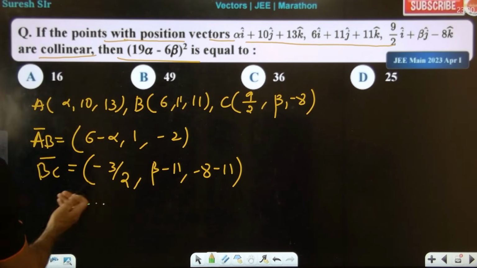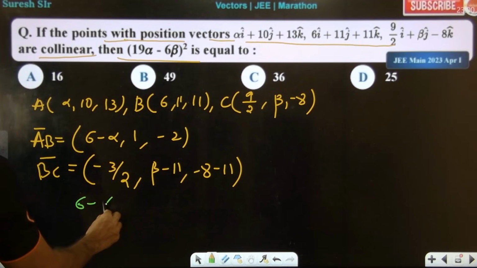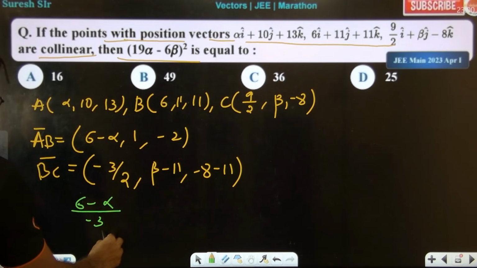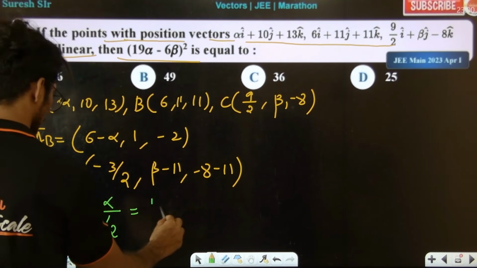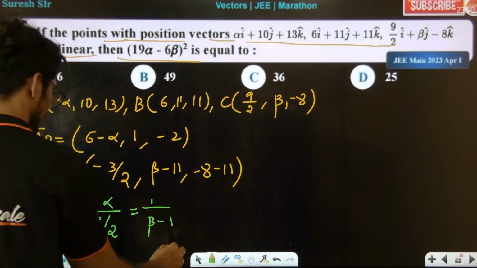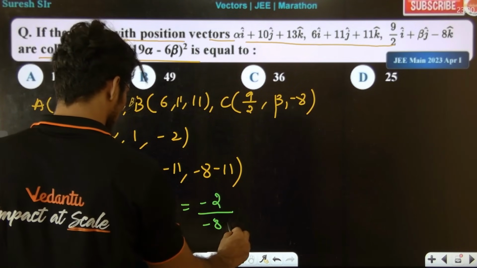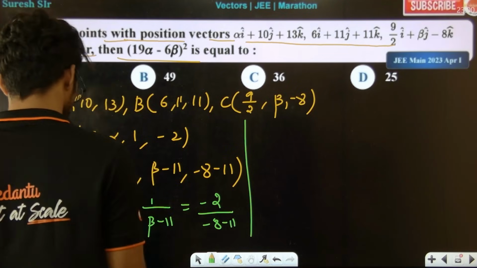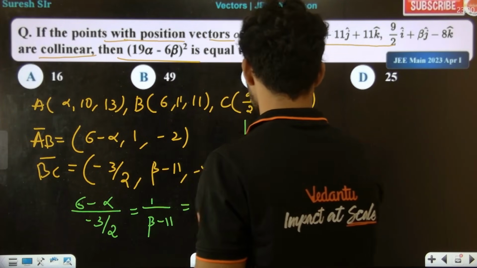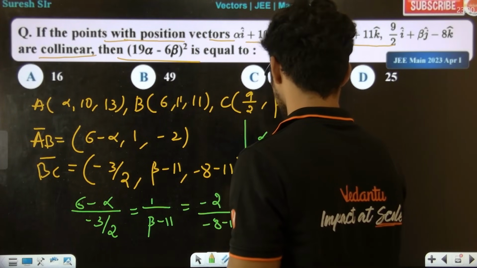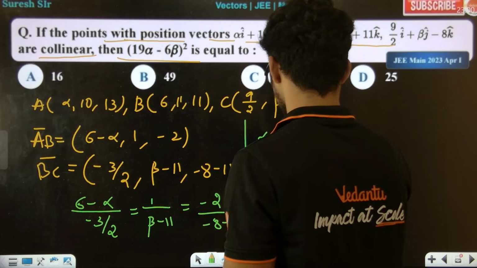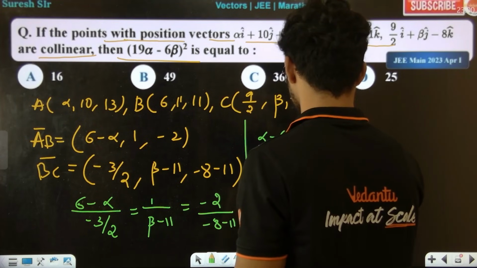So 6 minus alpha by minus 3 by 2 is equal to 1 minus beta minus 11, which is equal to minus 2 divided by minus 8 minus 11. So alpha minus 6 divided by 3 by 2 is equal to 2 divided by 19.